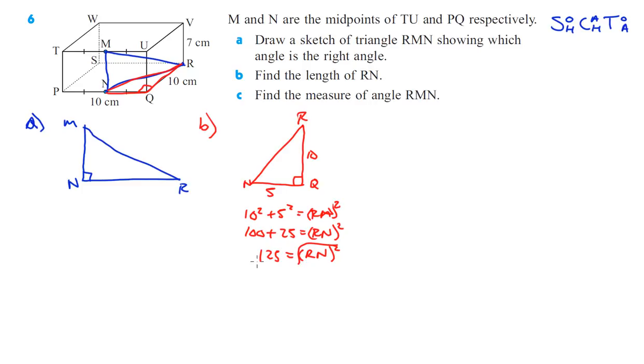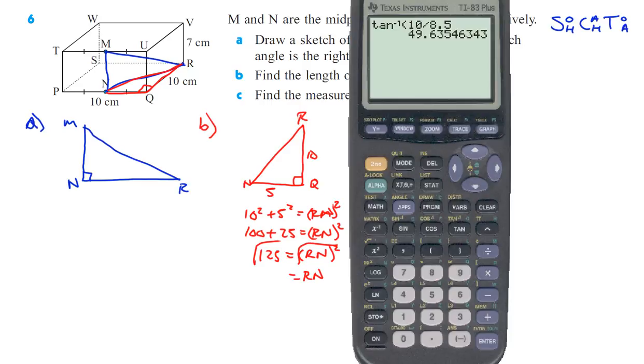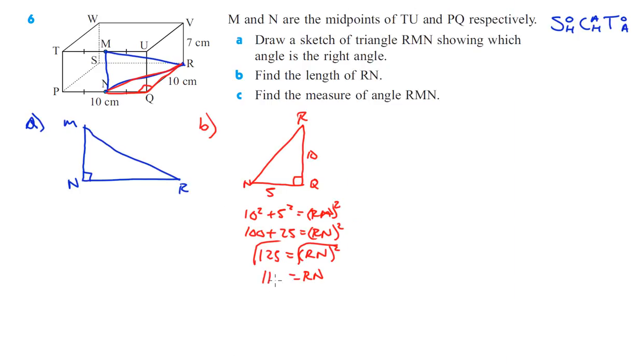So we square root that 125, and we get that side RN is going to equal second square root 125 gives us 11.18, so we'll call that 11.2. Okay, so side RN is 11.2 centimeters. Okay, so that's B. And then C says find the measure of angle RMN.